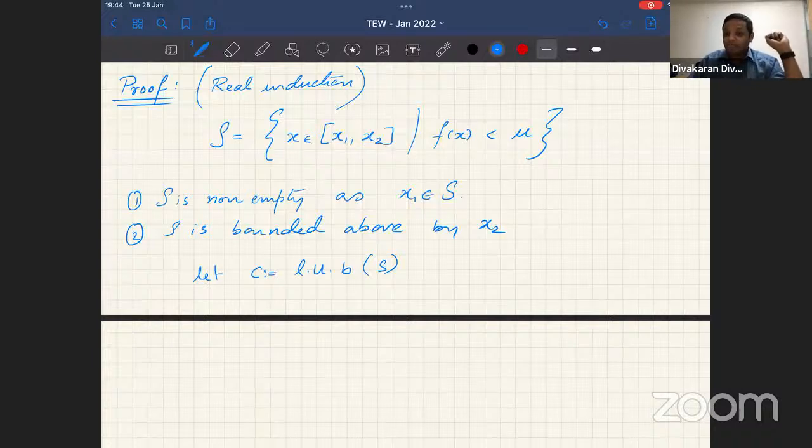So now, in some sense, how should you think about it? Let me try to relate it with induction. What is this C? It is equivalent to the first. In the induction step, what did I say?